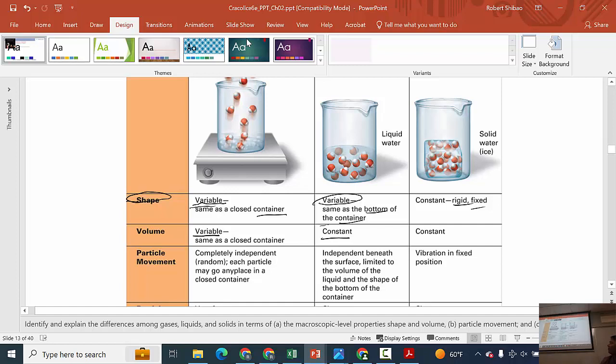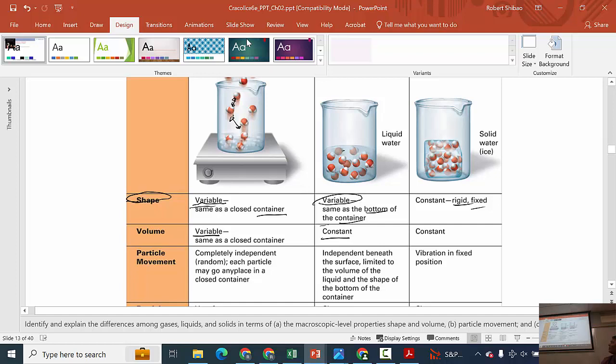At the particulate level, we can see why. For gases, there's empty space between the molecules, and so we can squeeze the molecules closer together by getting rid of some of this empty space, this distance between the molecules. Whereas for liquids, is there a lot of empty space between the molecules? No, the molecules are already touching one another. They're stuck to one another.